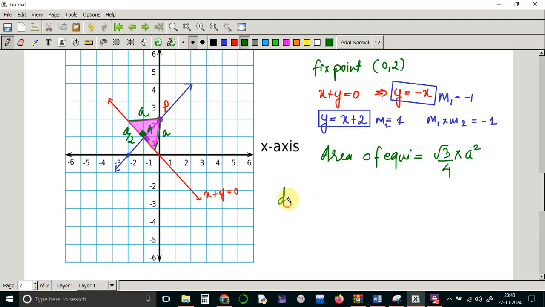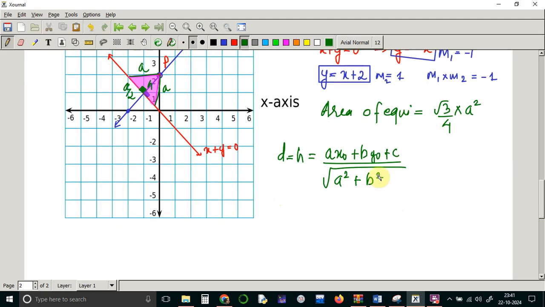So that distance h is given by this formula: a x naught plus b y naught plus c divided by root of a square plus b square. So if I use this formula, I am going to get the height of this triangle, or the distance of this point from this red line.